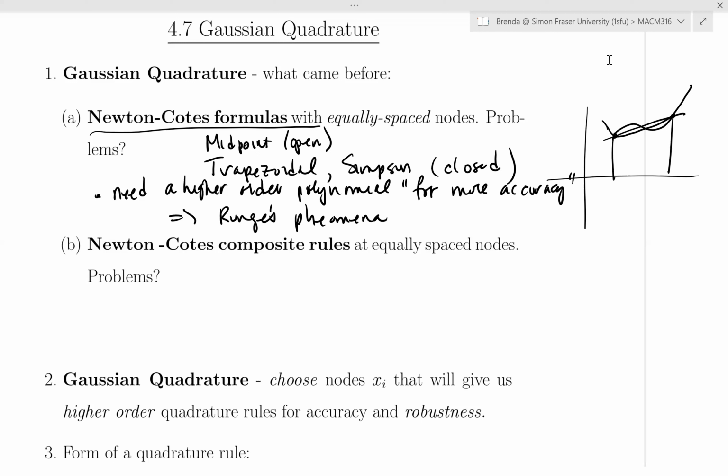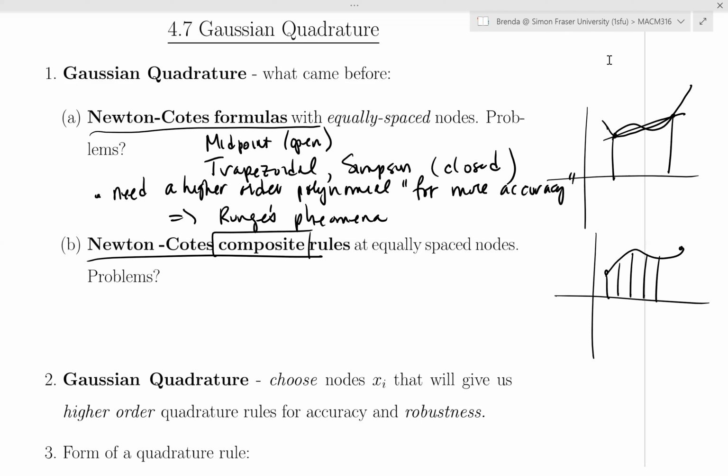That was step one. Then we said, okay, fine, we're not happy with that. We'll do the composite version, where we divide our function up into a whole bunch of intervals like that, and we'll use a different quadratic in each interval, like that.